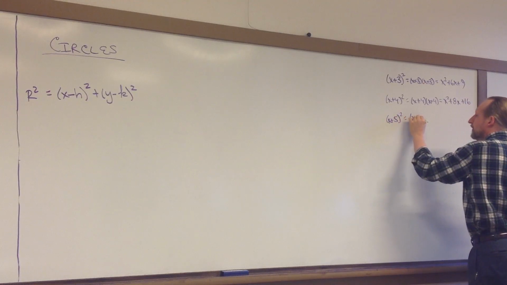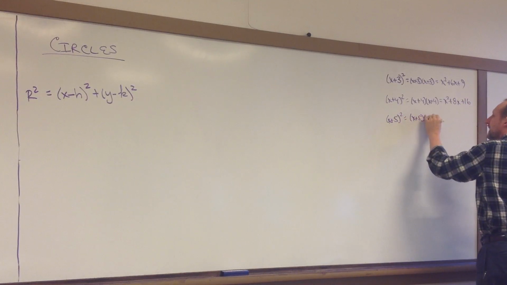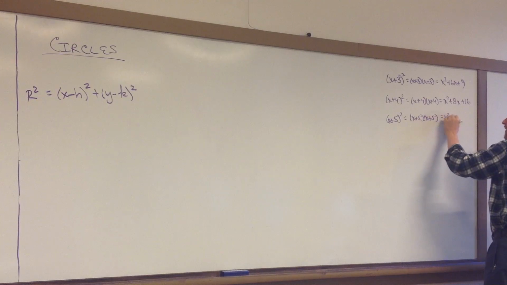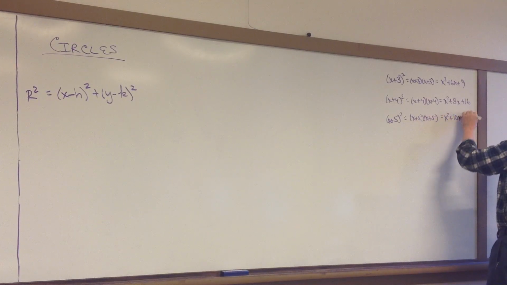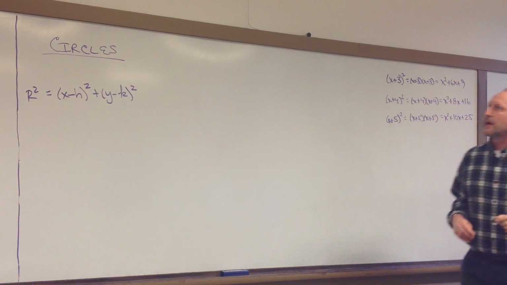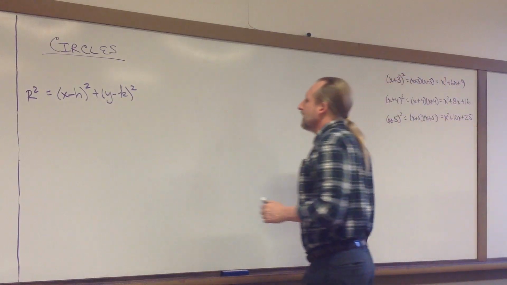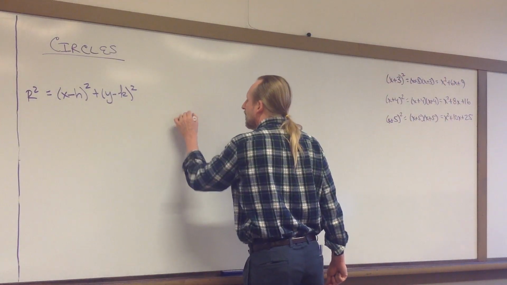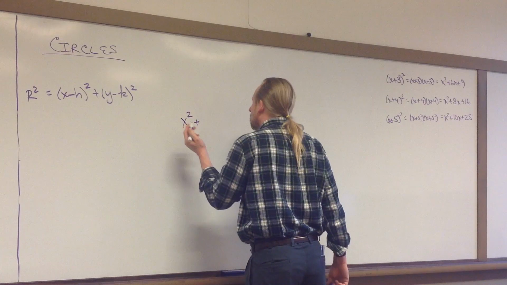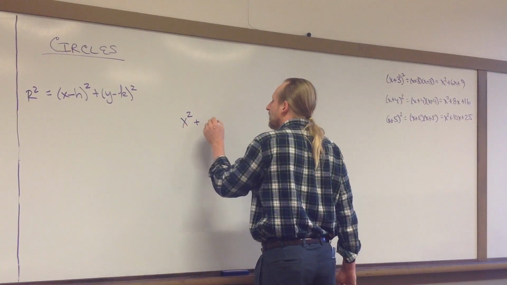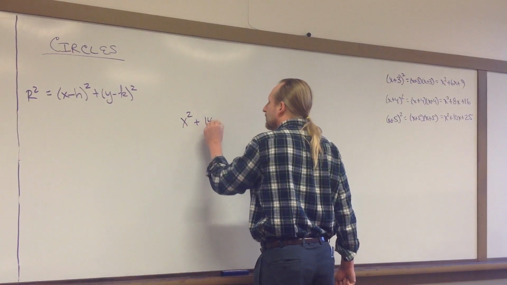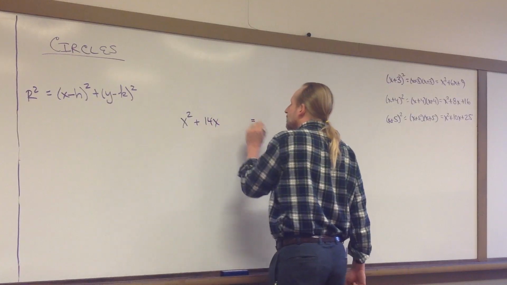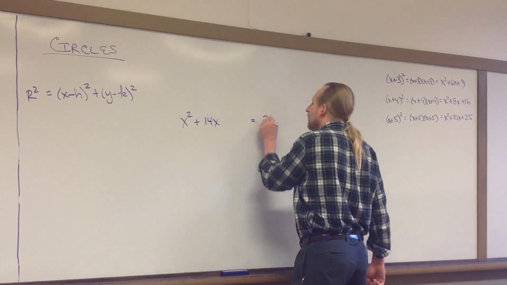I'll just refer to these to illustrate what I'm talking about when I go over completing the square. Okay? So let's say we had something like x squared + 14x, I'll leave a space there, equals 2.